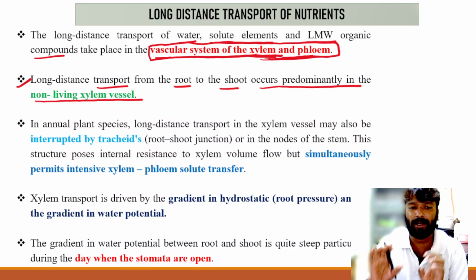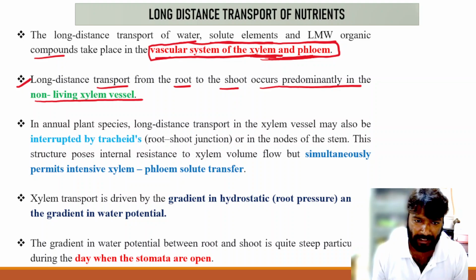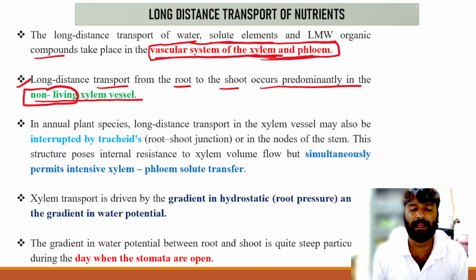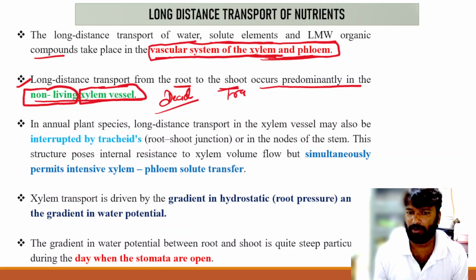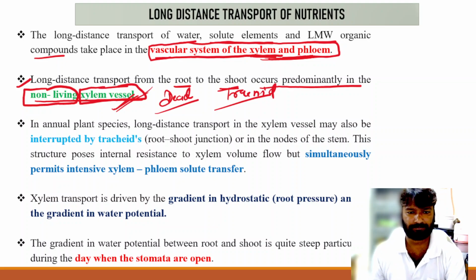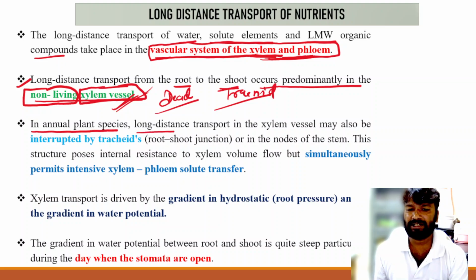So your answer will be, first thing, that this is non living, meaning dead tissue. Okay, and xylem vessels are involved, not tracheids. Okay, tracheids are not involved, vessels. Okay, then in annual plant species, long distance transport in xylem vessels may also be interrupted by the tracheids at the root and shoot junction.